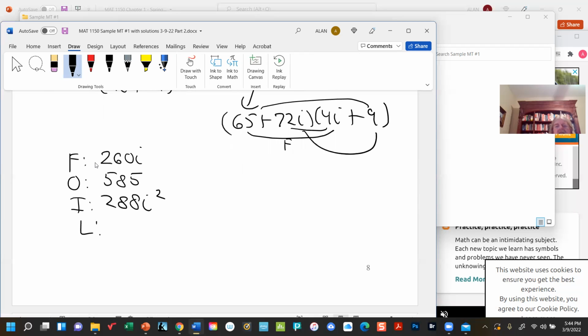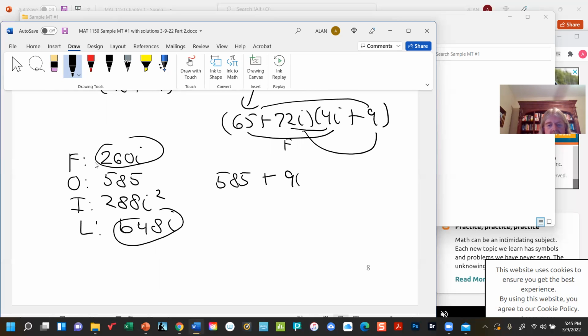And then finally, last is okay. So we can combine these, of course. I'll add these together. So we've got 585 plus, which of course is -1.